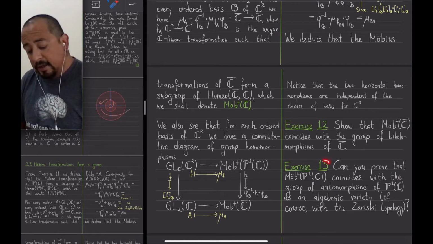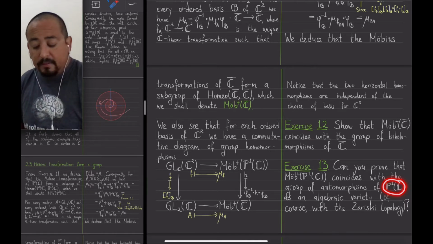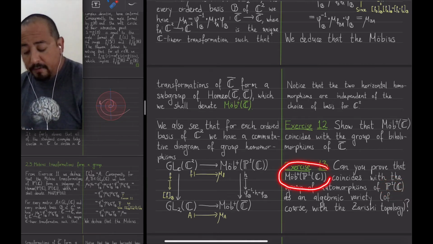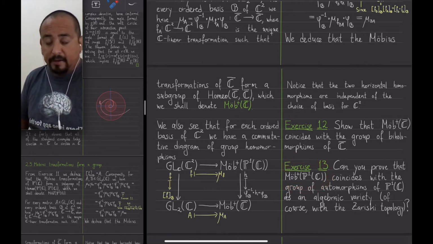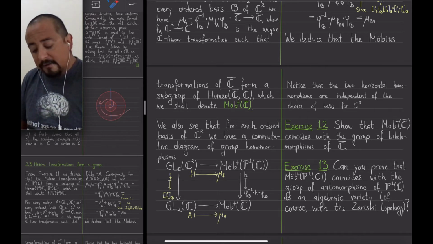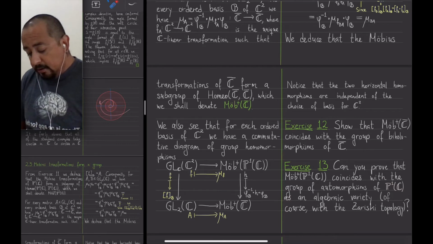And this exercise is whether you can show that when we see P1C as a projective algebraic variety, the group of Möbius transformations is actually its group of automorphisms as an algebraic variety. So that's the question. Can you prove that?